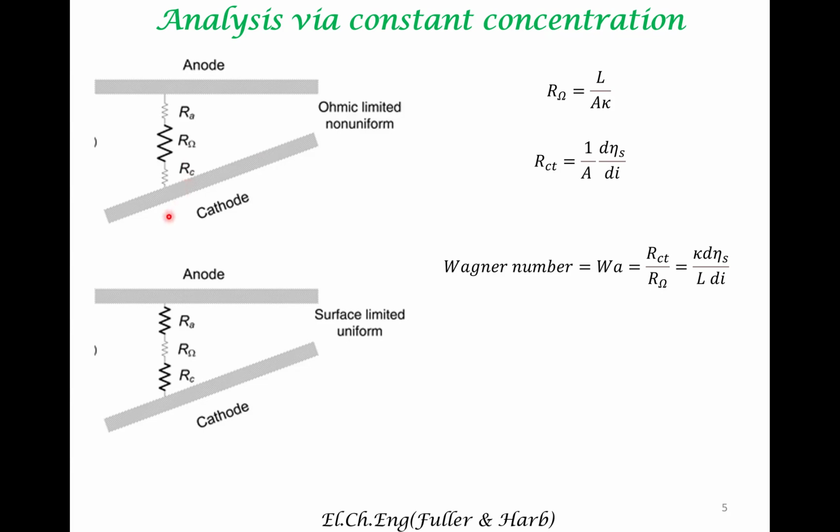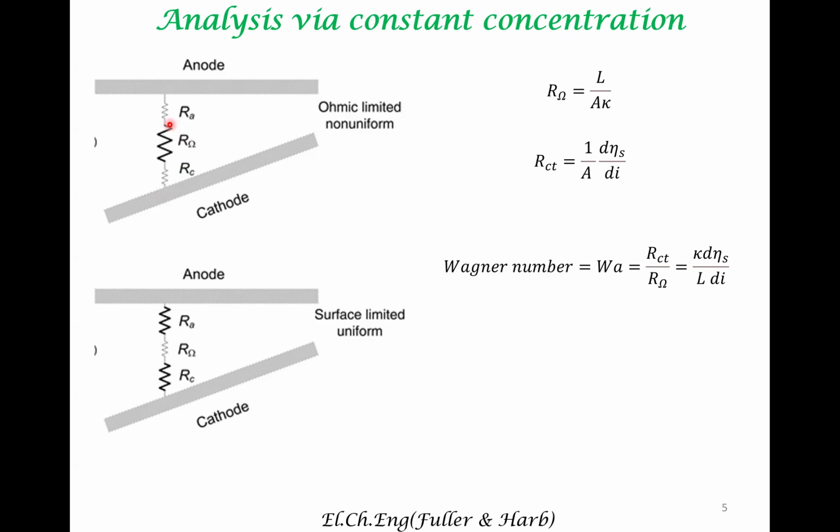As opposed to that, you can consider another case wherein the resistances associated with electron transfer at the anode-electrolyte and cathode-electrolyte interfaces, that is Ra and Rc, are larger than R omega. So the question we are trying to ask is, in which case would you have uniform electrodeposition?